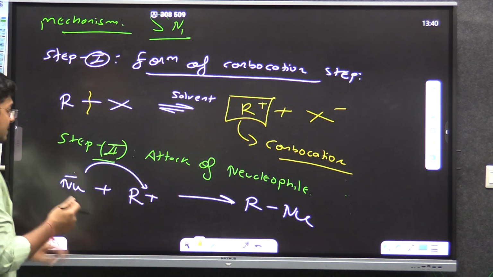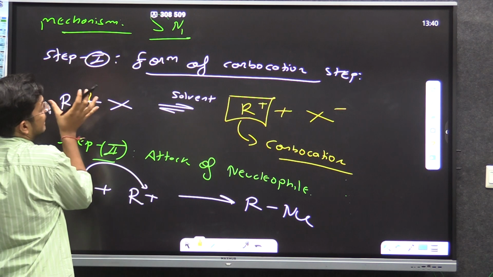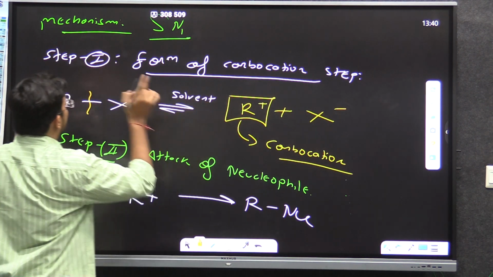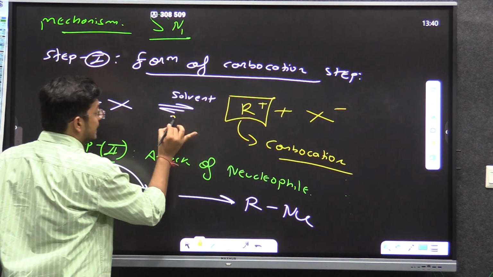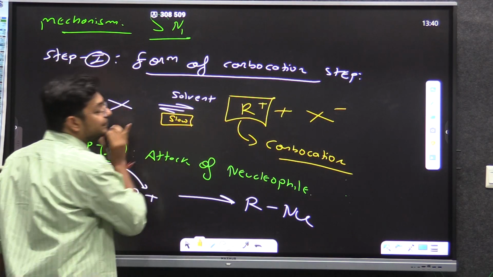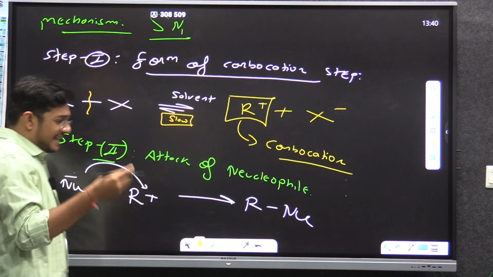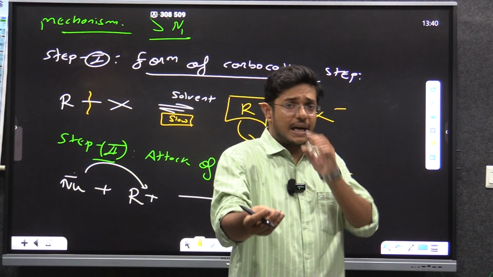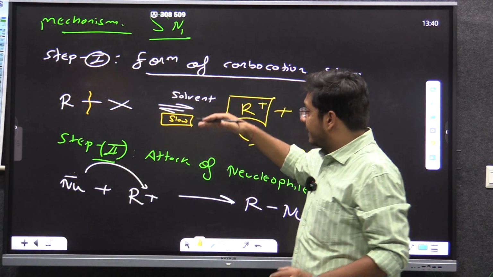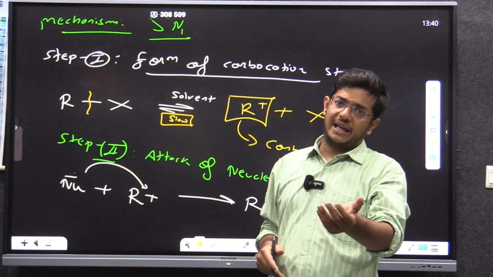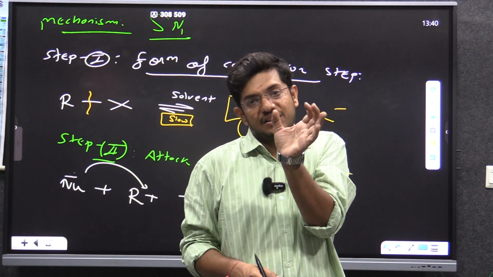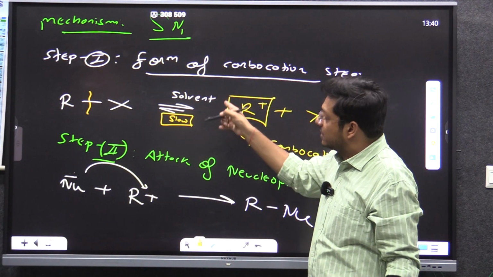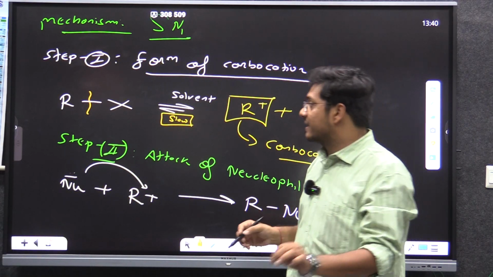First, question number one. As we know, step number 1, that is the formation of carbocation, is the slow step. As per the definition of chemical kinetics, if the reaction is complex or takes place in multiple steps, then the slowest step in the reaction is considered to be the rate determining step.